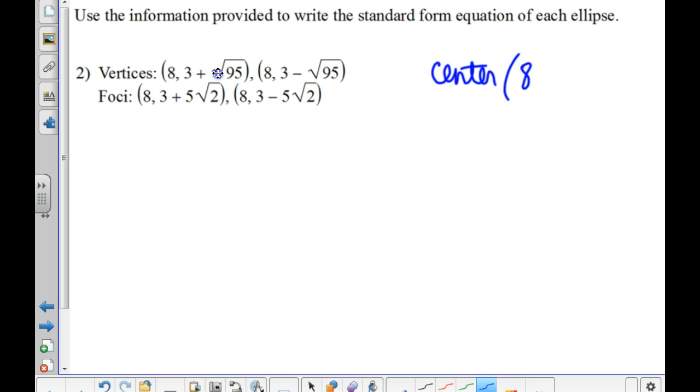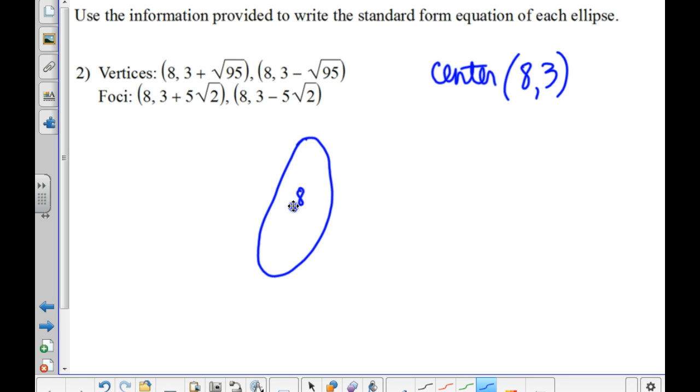If we add 3 plus the square root of 95 and 3 minus the square root of 95, we get 6 divided by 2 is 3. But if the vertices are added and subtracted to the y, doesn't that mean it's opening this way? Oh, I don't know what that is. It's a potato, okay.